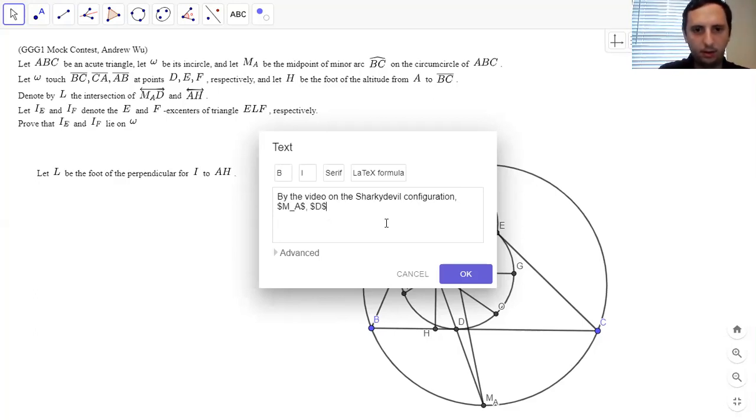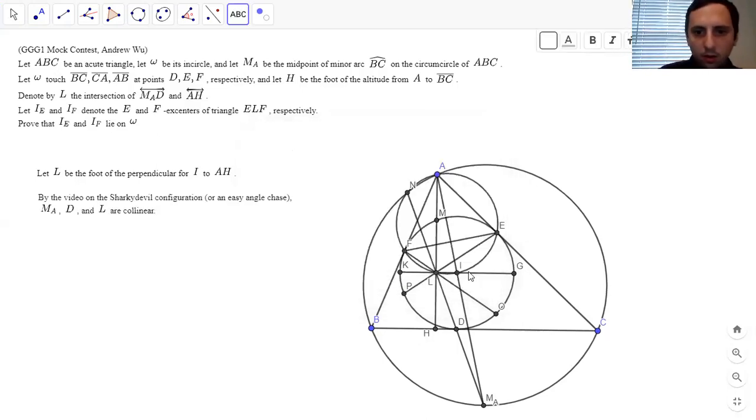I'll say, or an easy angle chase, MAD and L are collinear.